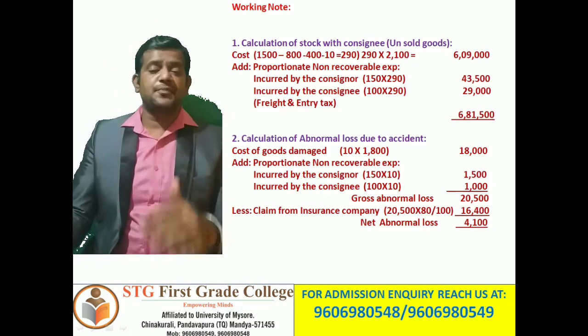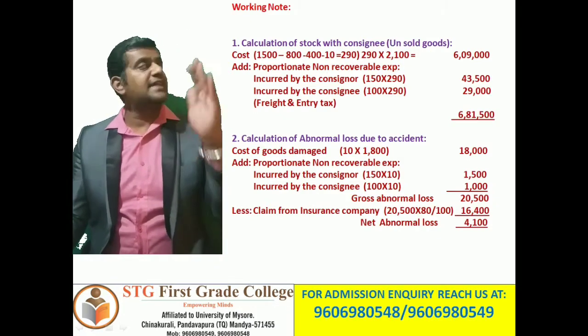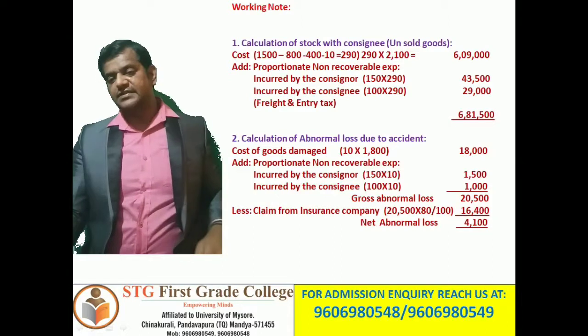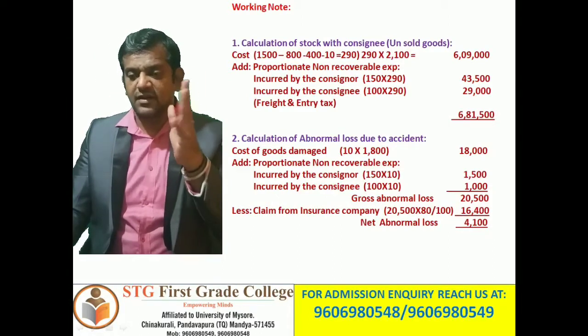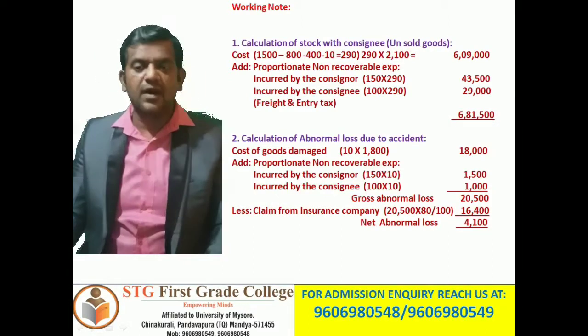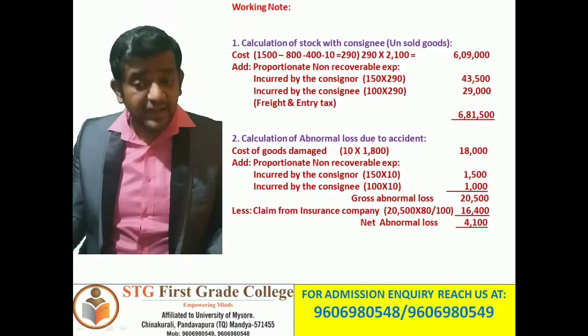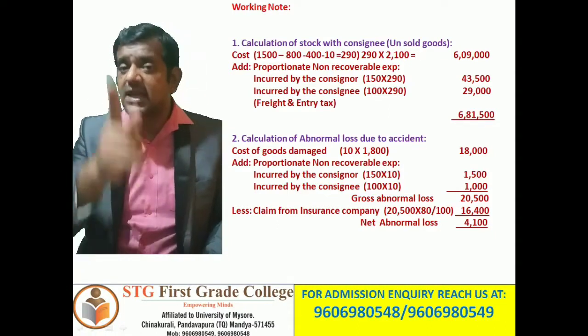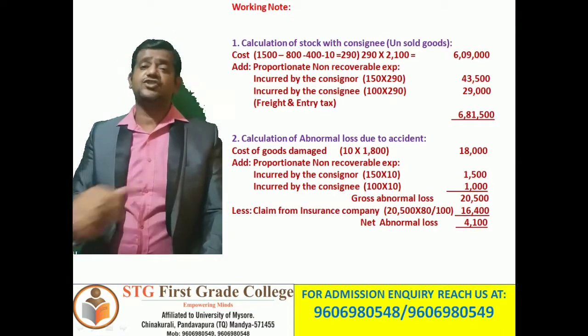Next, add proportionate non-recoverable expenditure as above, working note number 1. So copy the same. Incurred by the consignor 43,500, that is for 290 bicycles, but here I am calculating for only 10 bicycles because the number of bicycles damaged is 10.